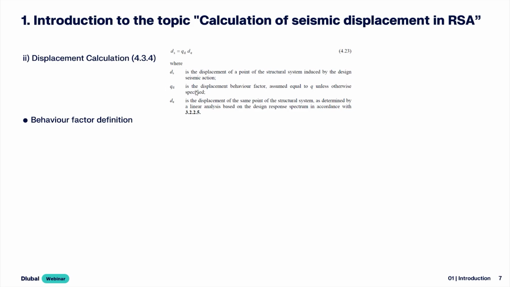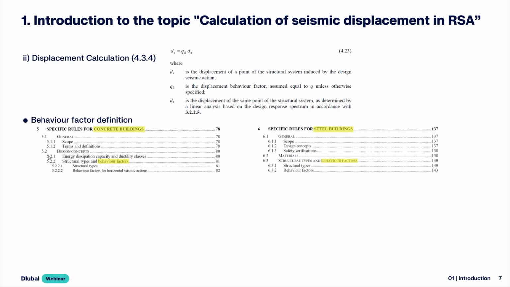So QD, we are going to talk about this behavior factor definition. Originally this Q, and we have two examples here extracted from the reference one, code 8. This is simply the behavior factor definition for two materials, for concrete and for steel buildings.